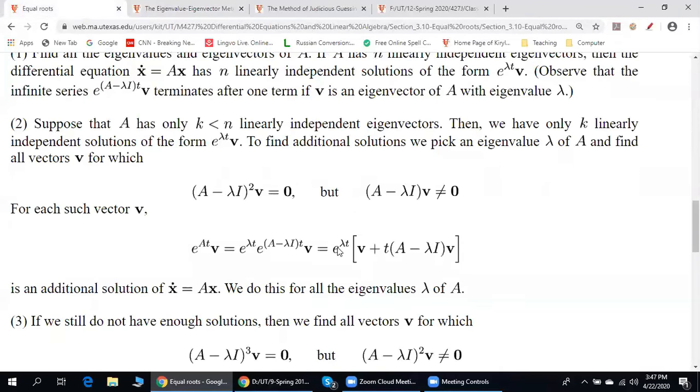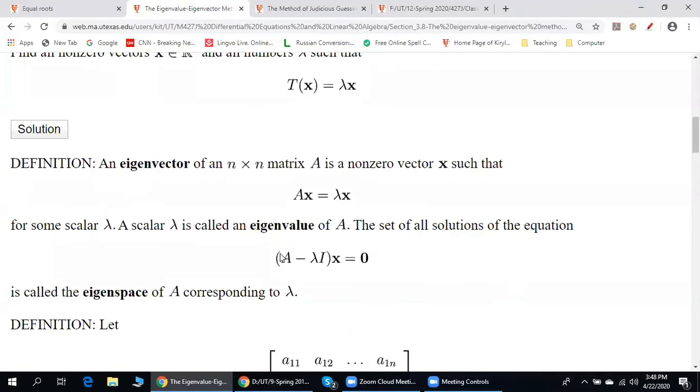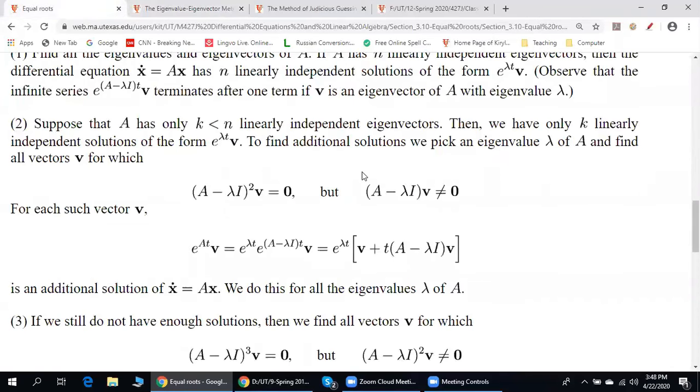However, in this formula, v is not a non-zero solution of this equation. It's written here, (A minus lambda I) v should not be equal to 0. v is a non-zero solution of this equation instead. This is what makes the process so complicated and confusing.